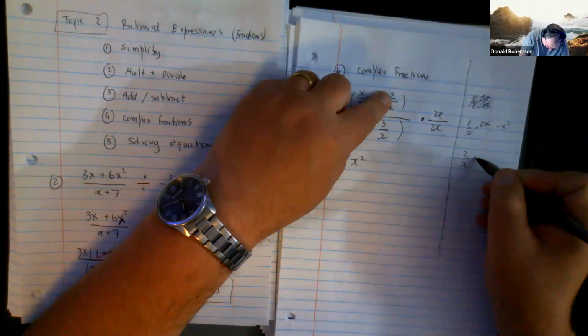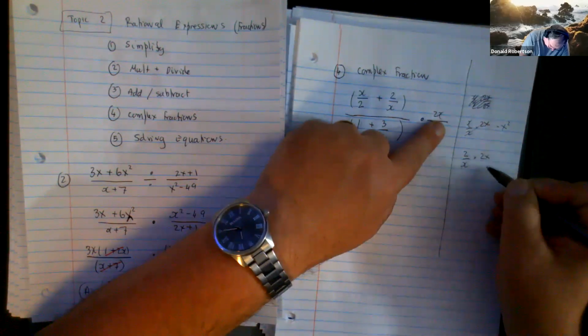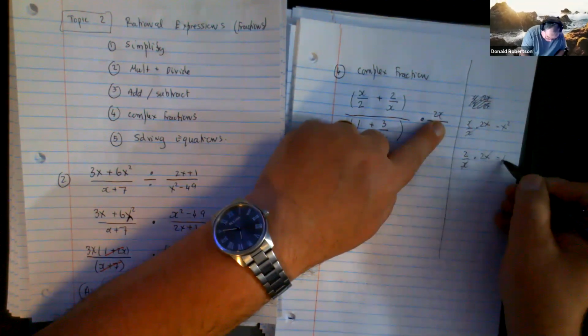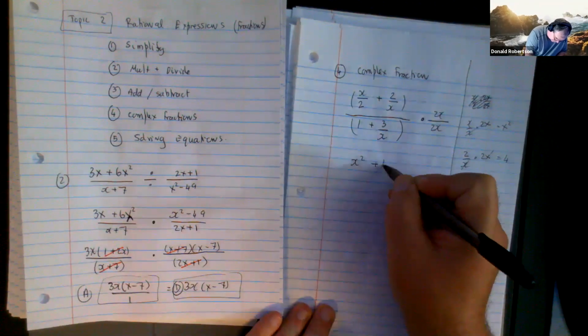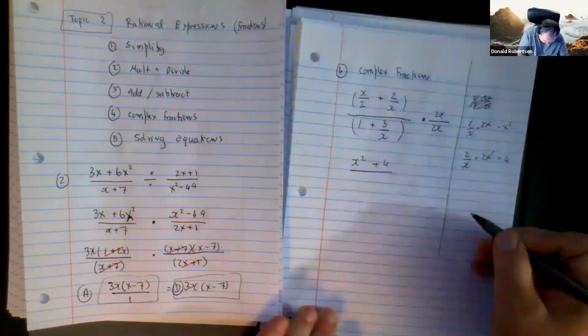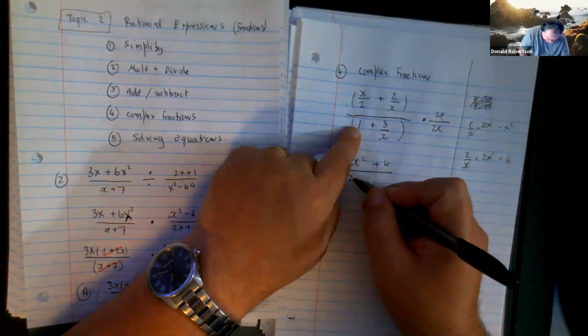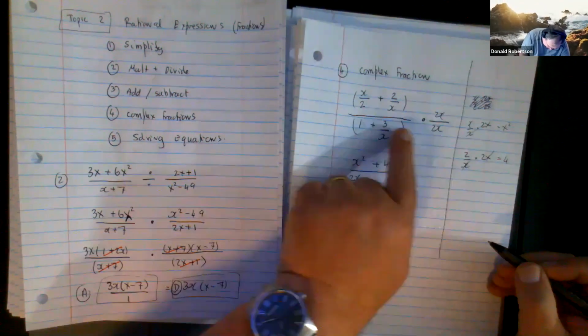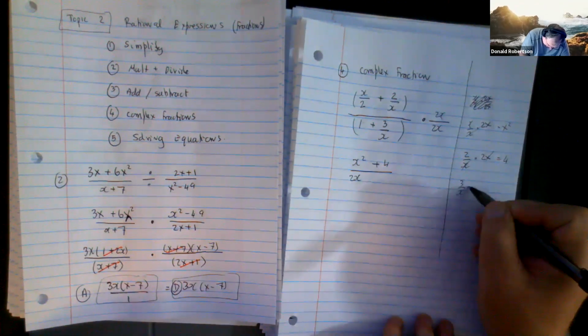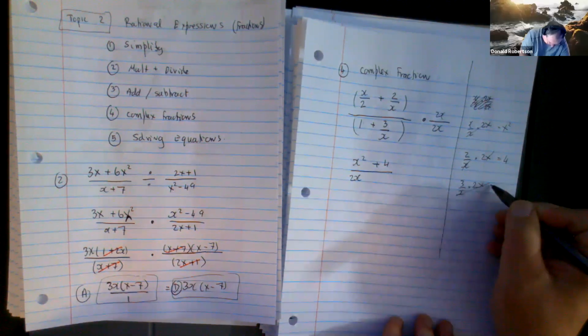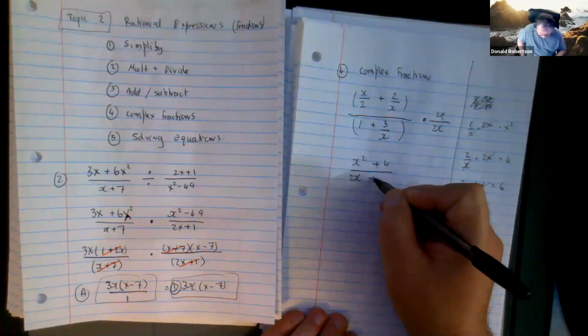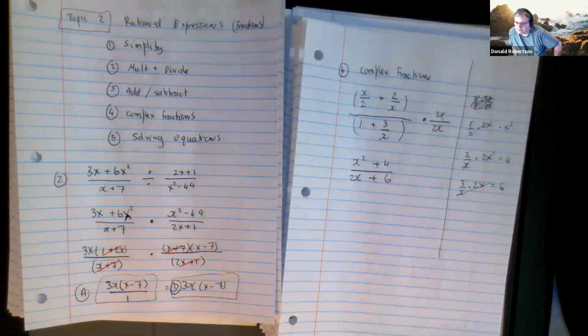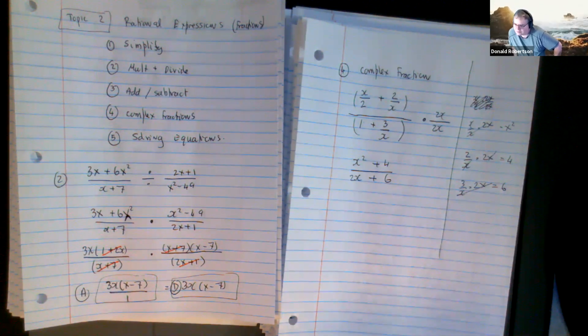You take the second guy and you multiply him by 2x, you cancel out the x's, in which case you get 2 times 2 is 4. 2x times 1 is the only easy one. And 2x times this guy, and you cancel out the x's and you get 6. You remember doing those guys?